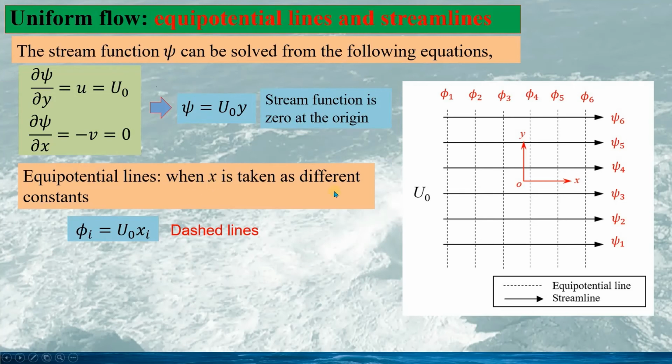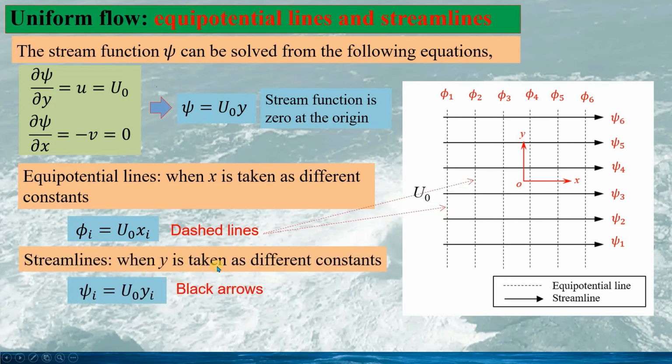When x is taken as a constant, the potential function would be constant. So if we take a different x, we would have different equipotential lines, the dashed lines. And for the streamlines, when y is taken as a constant, the stream function would be a constant, which would correspond to a streamline. Thus, when we take a different y, we would have a different stream function psi. So we have the streamlines as the black arrows, see here.